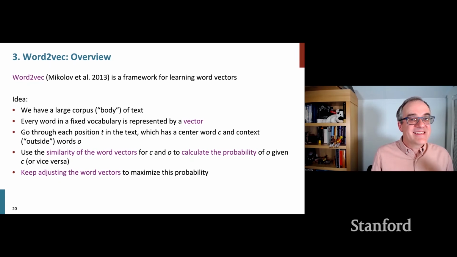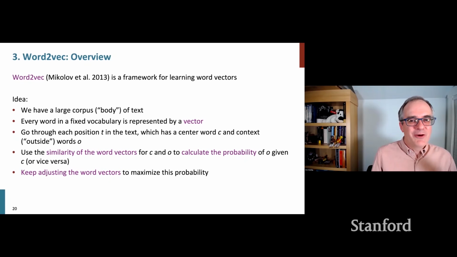And so at any moment, we have a center word C and context words outside of it, which we'll call O. And then based on the current word vectors, we're going to calculate the probability of a context word occurring given the center word according to our current model.